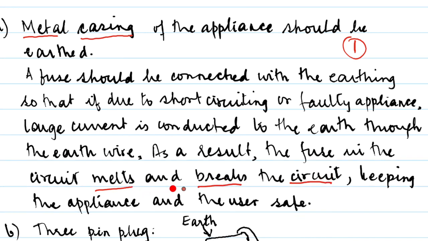Remember, the fuse melts and breaks the circuit because of the large current that is conducted if there is short circuit or faulty appliance. And so it keeps the appliance and the user safe. So this is again for 1 mark.